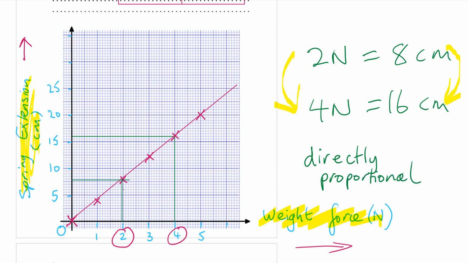You double one, you double the other one. If you triple one, you triple the other one. If you halve one, you halve the other one. Really important. That is Key Stage 4. That's GCSE standard to be able to notice this number link.